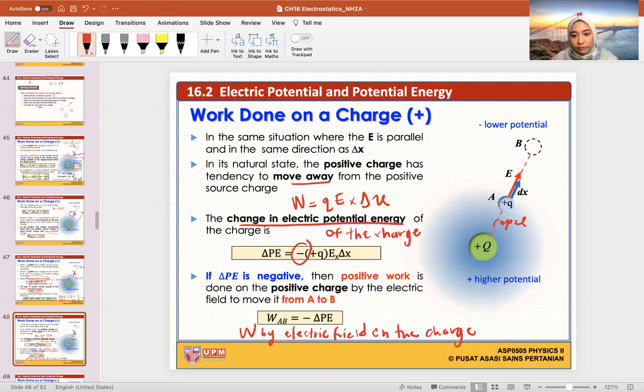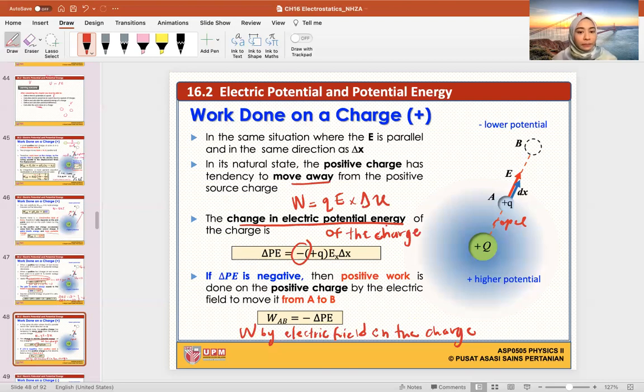Okay, so if I say the potential energy is positive, what do I mean? It means that the charge is gaining positive potential energy. If my PE is negative, the charge is losing potential energy.